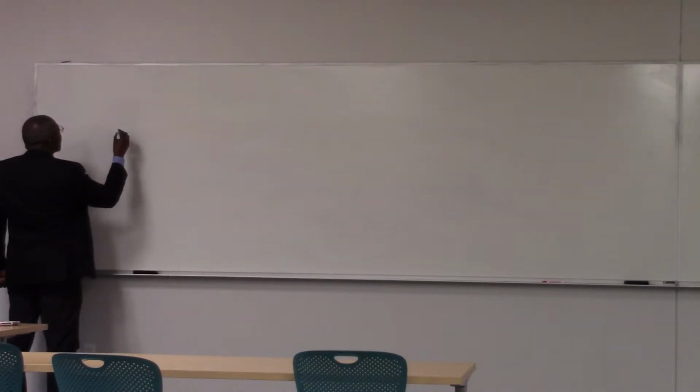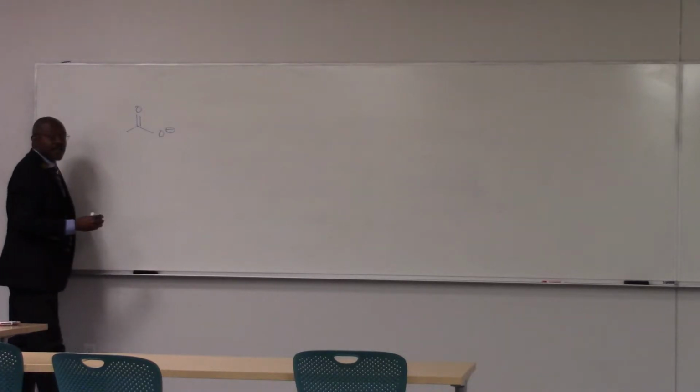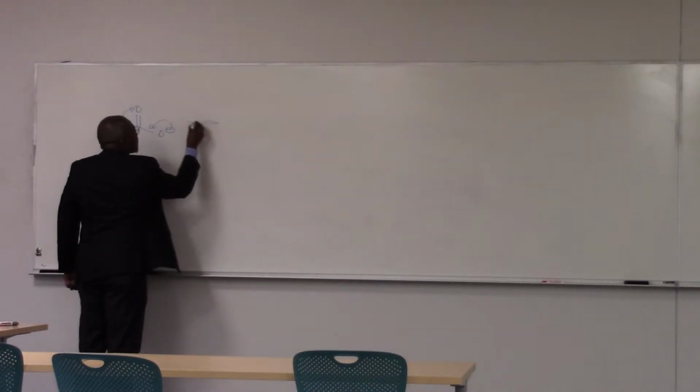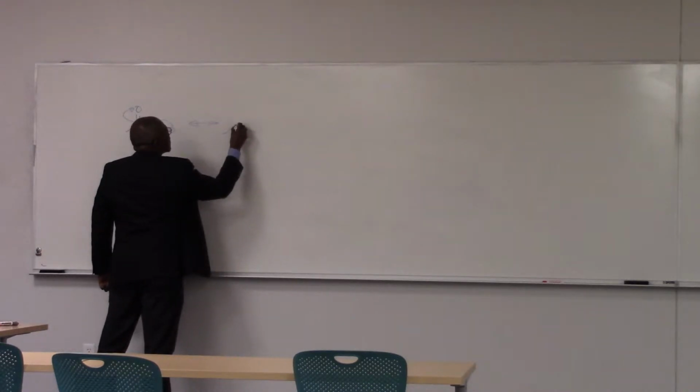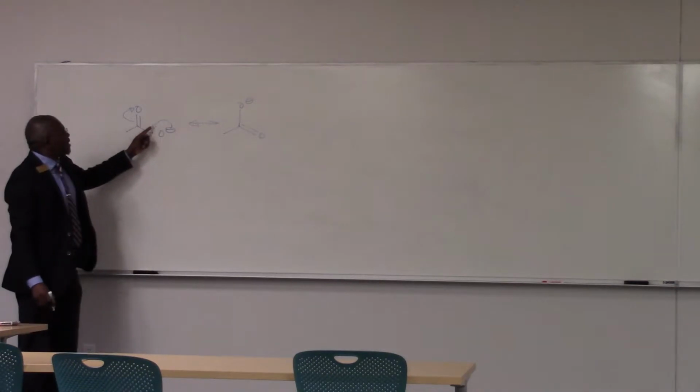When building Lewis structures, we may have had something like a carboxylate. In a carboxylate, I can draw a resonance form that looks like this, and I end up with this species. And we use our arrows for that.